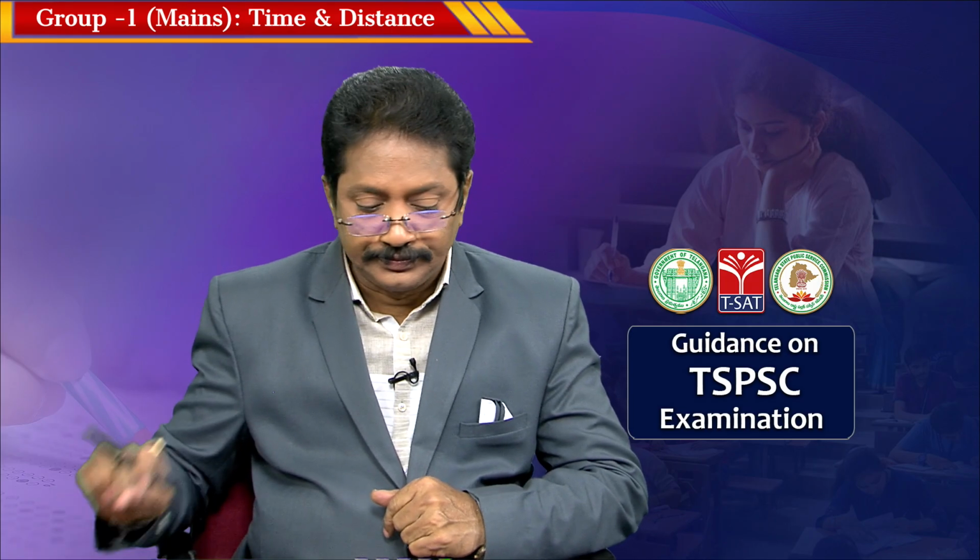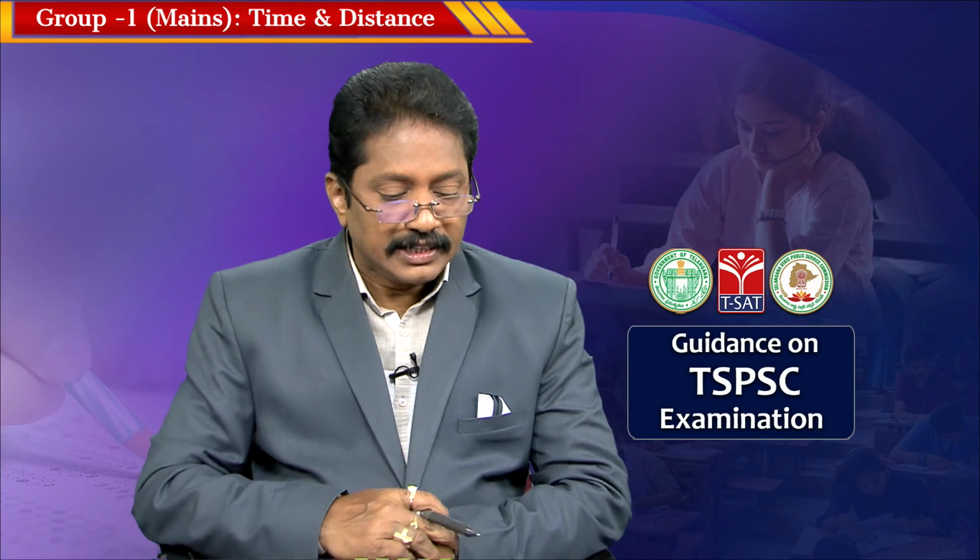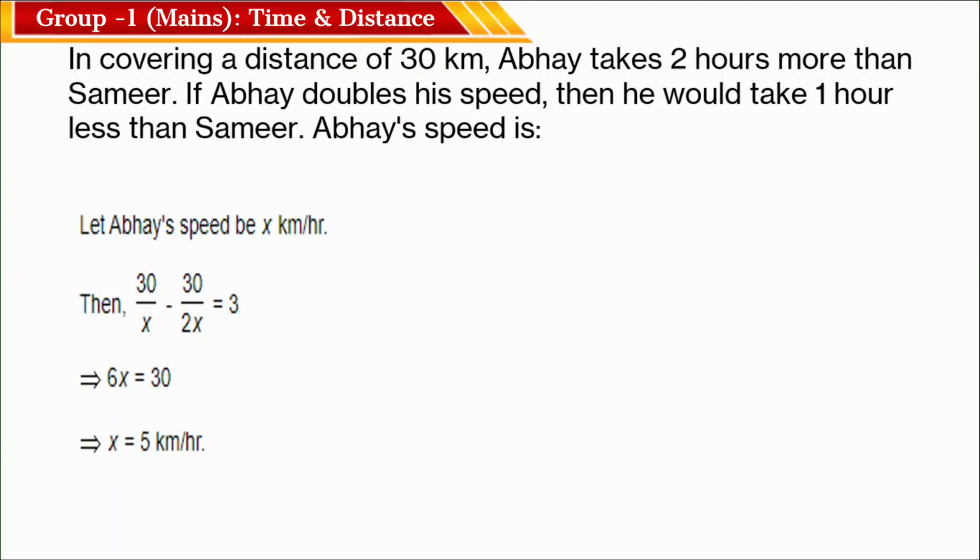Okay. Now, in covering a distance of 30 kilometers, A takes 2 hours more than Samir. If A doubles his speed, then he would take 1 hour less than Samir. Then what is A's speed? This is the question. But it's simple. Here A and Samir are two persons. They travel 30 kilometers distance.